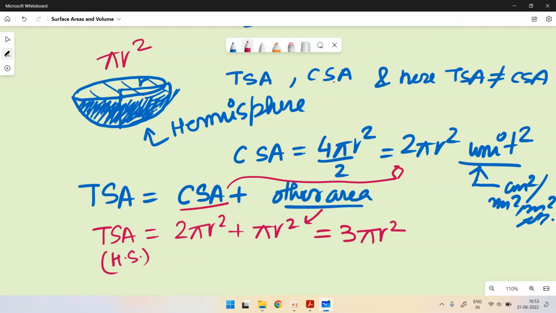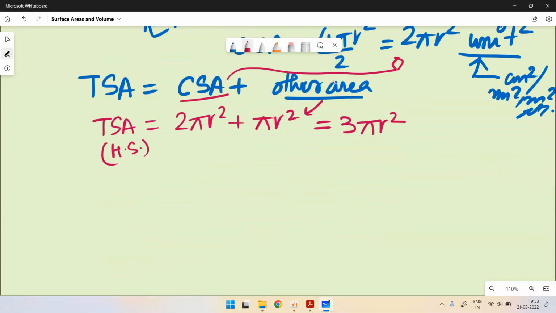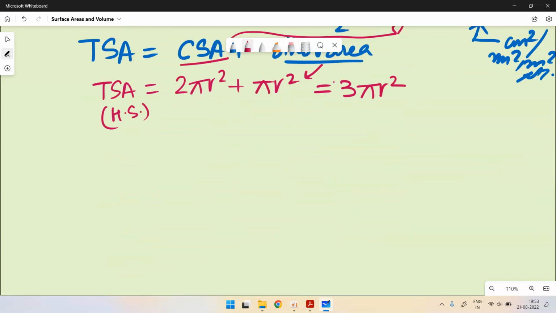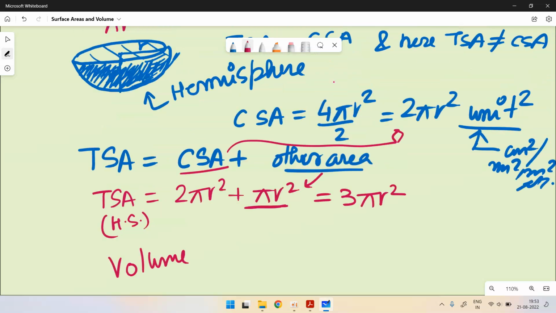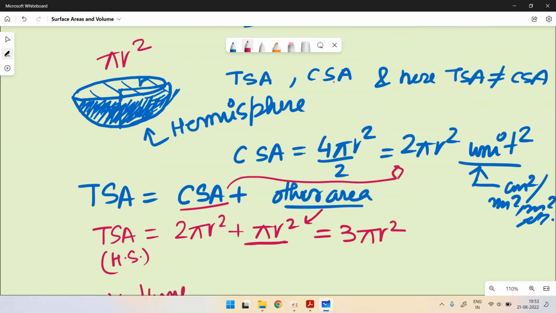Now you know the surface area. Now comes the volume. See, why is this pi r square there? Because I am considering this as solid.